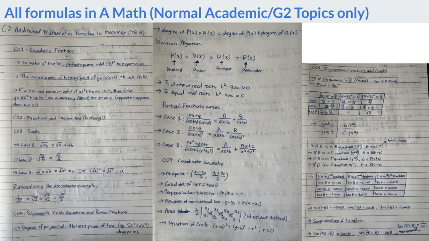You need to know that the dividend is px, the divisor is dx, the quotient is qx, and the remainder is rx. These are just functions, but I need you to know what p, d, q, and r stand for.